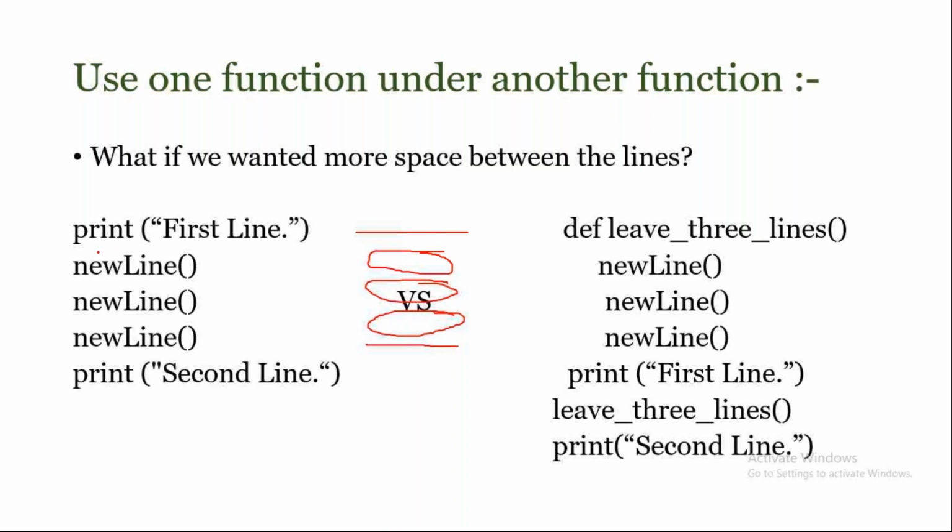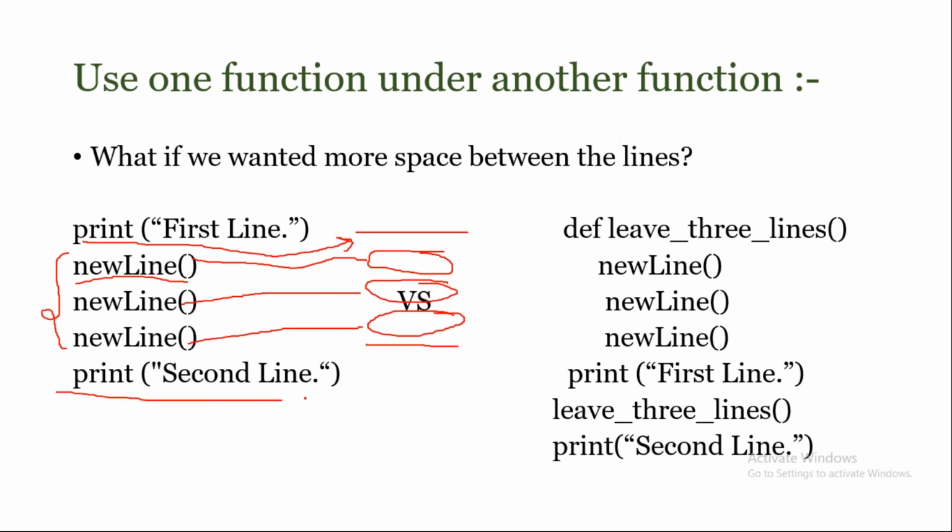You print first line, then call your function which prints a void line, again call it, again call it, and then print your second line. So I'm doing repetition, repetitively calling my function.